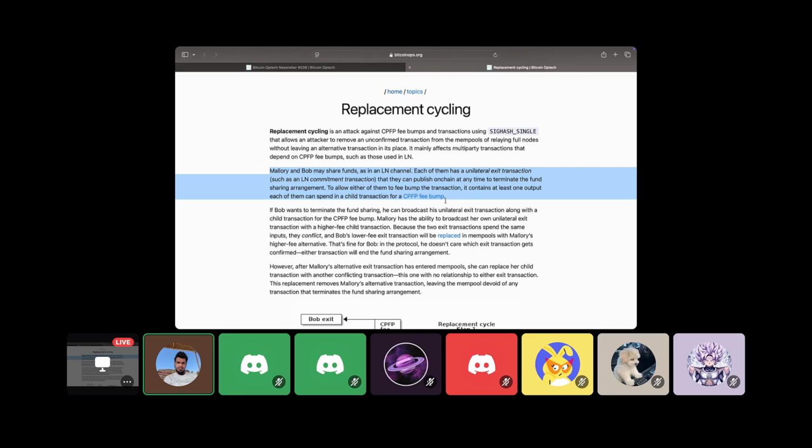So Mallory and Bob, in our assumption, are two users of the Lightning network that share a Lightning channel with each other. Each of them has a unilateral exit transaction, such as an LN commitment transaction. So whenever there is a Lightning channel between two participants, we have a provision of unilateral exit, right? Because if one of the participants does not want to continue being a part of that Lightning channel, they should have a clause that they can trigger to exit unilaterally, right?